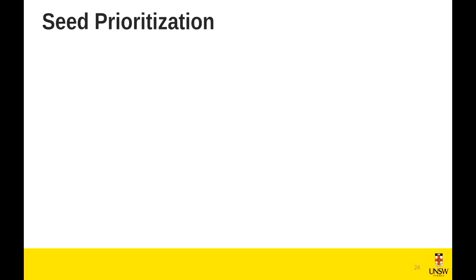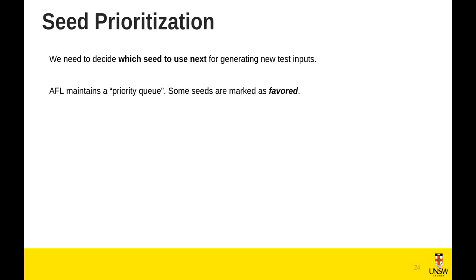Let's continue. In our last lecture, we mentioned that there are two strategies that could be taken by gray box fuzzers during fuzzing, and one of them is related to the decision of which seed we should use next for creating new test inputs. For AFL, it maintains something like a priority queue, and some seeds are marked as favored.